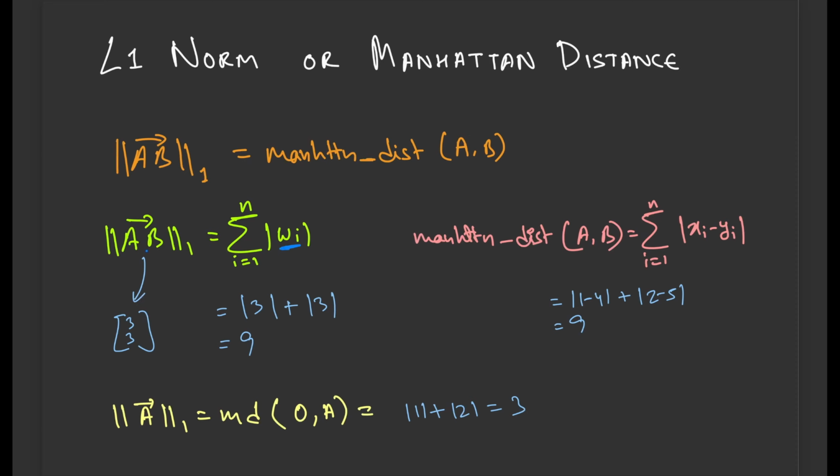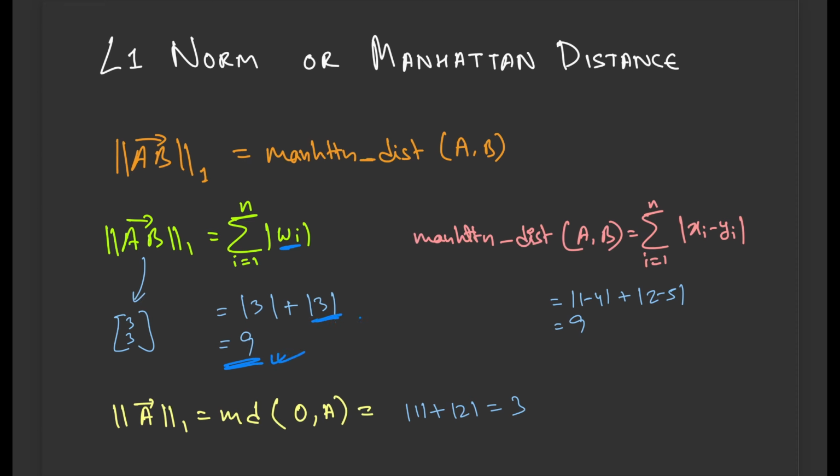For AB, we'll have two components, W1 and W2, and we are looping. We are summing over each of the components. We are taking the absolute value. So this will give us the Manhattan distance. So for this vector AB, which is 3, 3, we'll have absolute value of 3 plus absolute value of 3, it is 9. So the Manhattan distance here is 9.